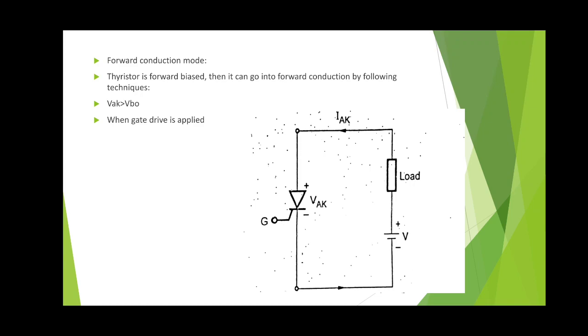So when the thyristor or the SCR operates in the forward conduction mode, we say that the thyristor is in on state. When the voltage between anode and cathode, that is VAK, is greater than VBO, the thyristor is driven into forward conduction mode even if the gate is open.